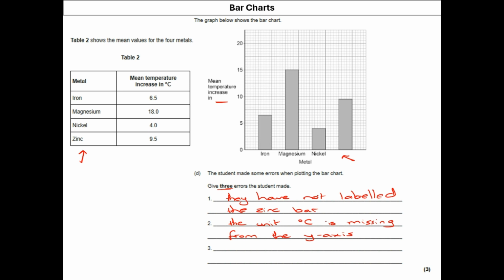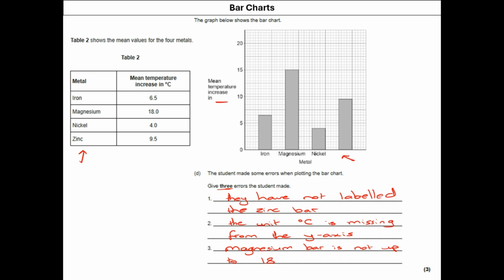Now, I can't see anything else obvious, so I'm inclined to check how high the bars are. So iron should be 6.5, 5, 6, 6. But yeah, iron's probably right. Magnesium should be 18. Oh, there you go. Magnesium's only 15. So magnesium bar is not up to 18.